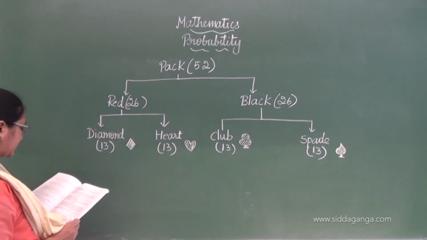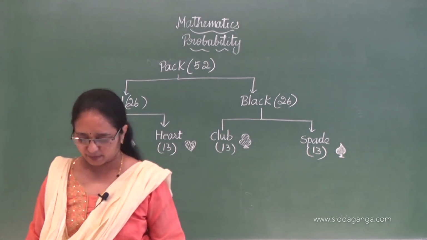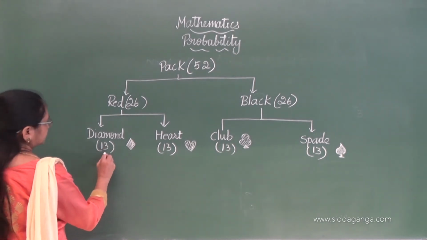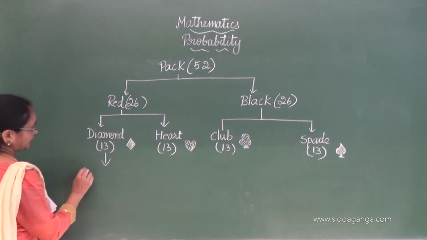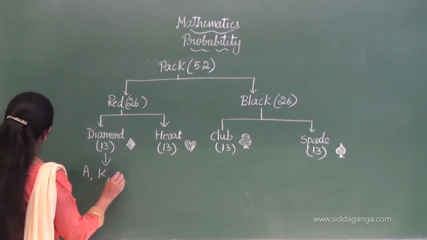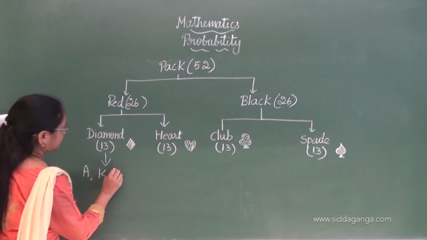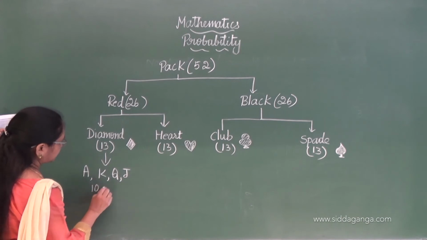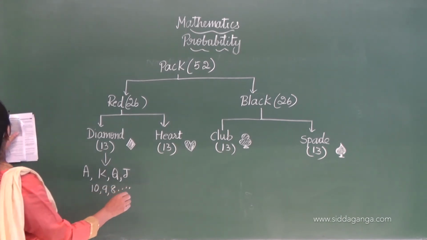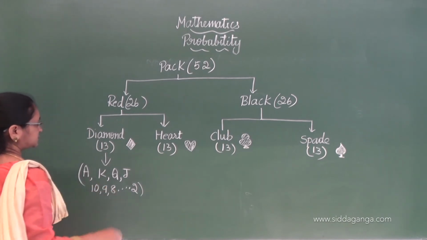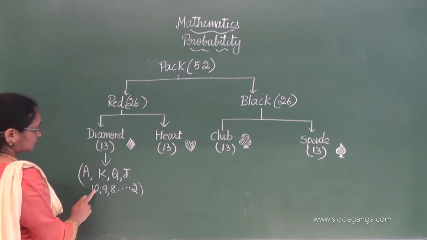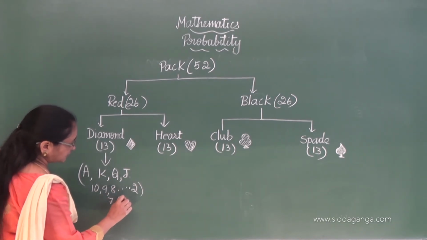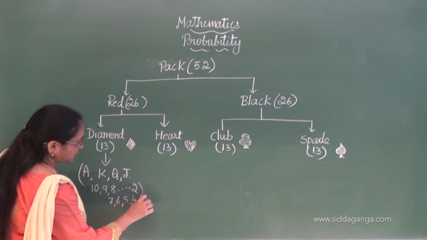Next, in each suit of 13 we have ace, king, queen and jack, and also the numbers 10, 9, 8 up to 2. See these 13 cards: 1, 2, 3, 4, 5, 6, 7 and 8, 9, 10, 11, 12, 13.